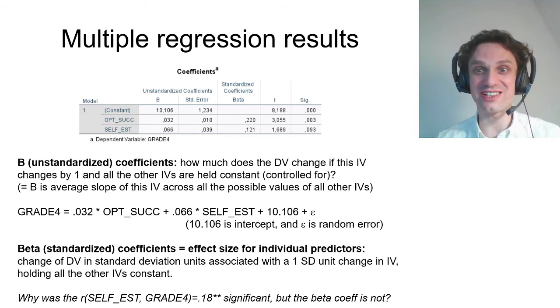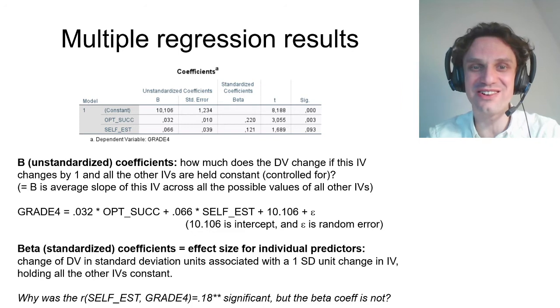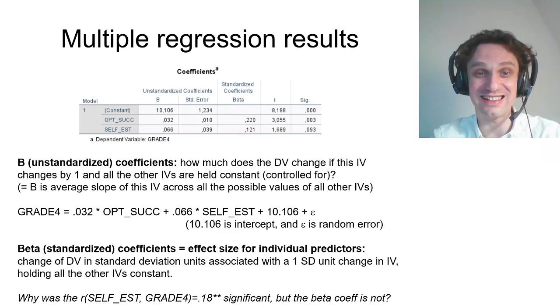These were average scores, so they were like maybe 40 or something for self-esteem and probably 60 or 80 for optimism. So it's theoretically impossible to have a questionnaire score of 0. That's why this intercept is so large. Basically, it doesn't make any sense. It's not useful at all.